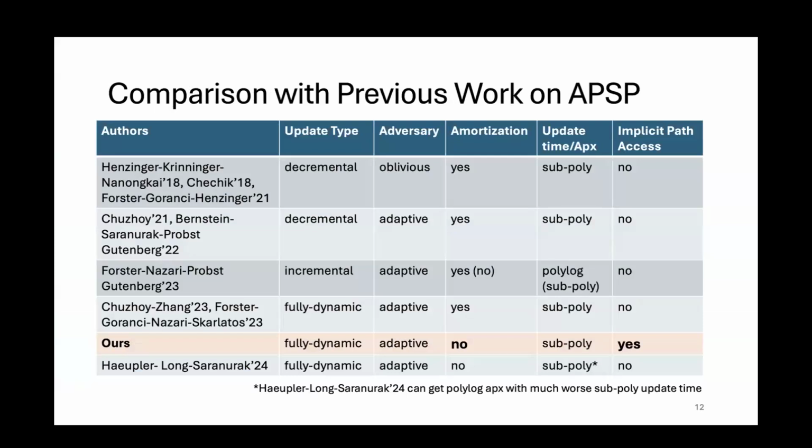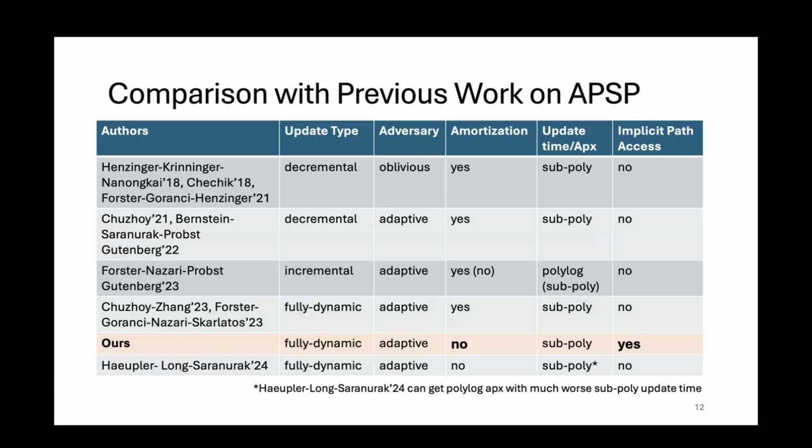If we compare with previous work, we see that the APSP problem has received significant attention in the last years. The first set of papers by Henzinger, Krinninger, Nanongkai, Chechik, Forster, Goranci, and Henzinger all work in the so-called decremental setting against an oblivious adversary.